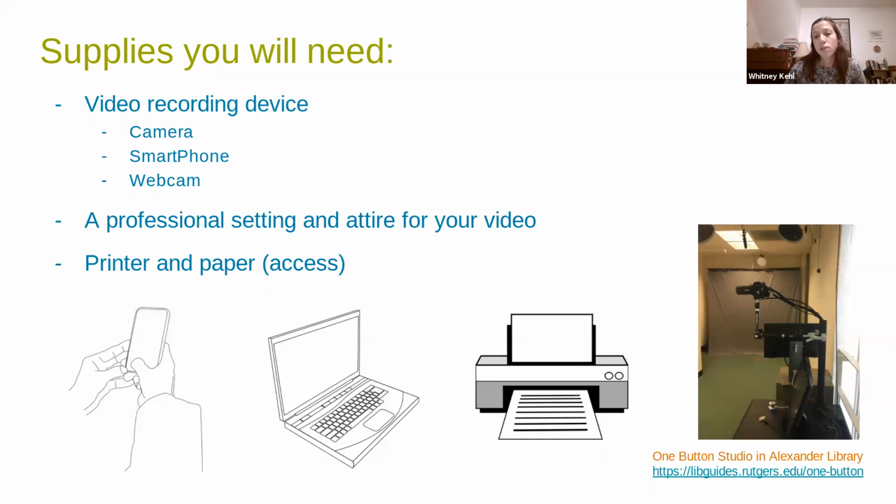And that can be reserved by students. Right now it's closed during the level of shutdown that we have, but in the future, if you wanted to explore the One Button Studio and see when it reopens, then that's a good place to shoot videos that would be a little bit more professional in quality than, say, a video that you're shooting on your phone.